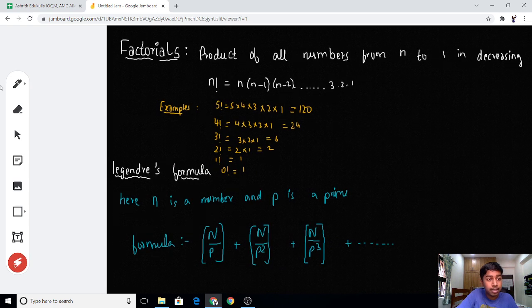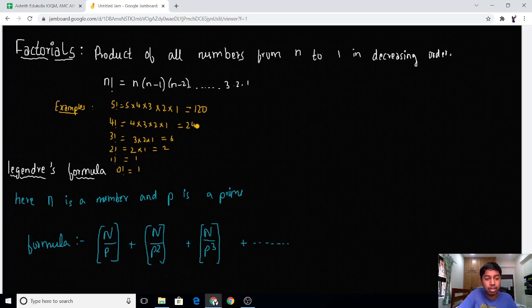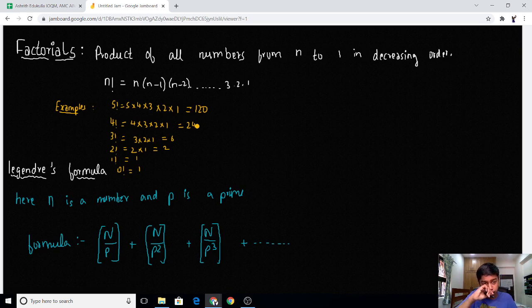Many people are going to get confused about why 0 factorial is 1 and not 0. There's no exact proof, it's a high level concept, but for intuition, I can give you this sequence. I divide 5 factorial by 5, then I get 4 factorial. I divide 4 factorial by 4, then I get 3 factorial.